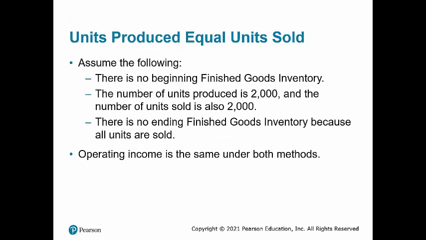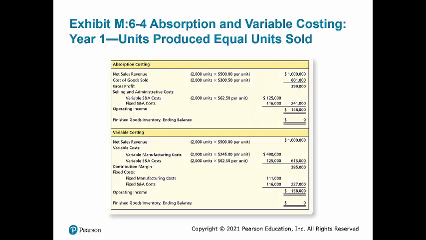If the number of units produced equals the number of units sold, then there is no ending finished goods inventory. When this situation occurs, the operating income under absorption costing equals the operating income under variable costing. This exhibit shows that there is no difference in operating income between the two costing methods.